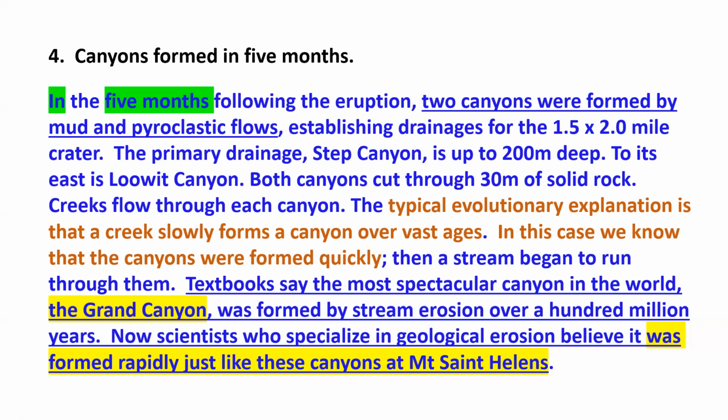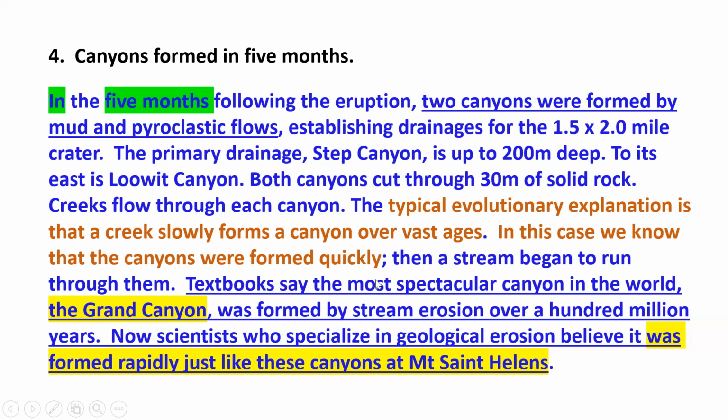That little river is supposed to form the canyon over vast ages because it takes a lot of time to wear off the soil or the sediment. Yeah, it's supposed to be millions of years. But here, they were formed quickly because of the mud and pyroclastic flows that were very forceful. Then a stream began to run through them.